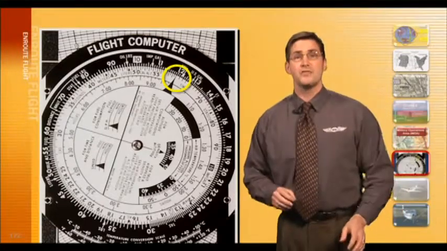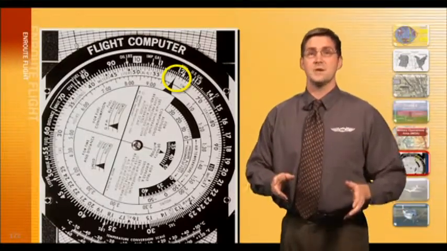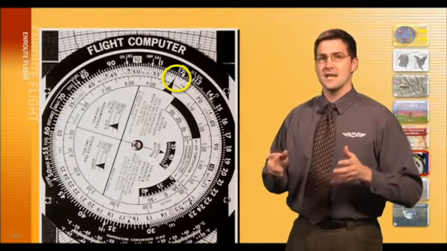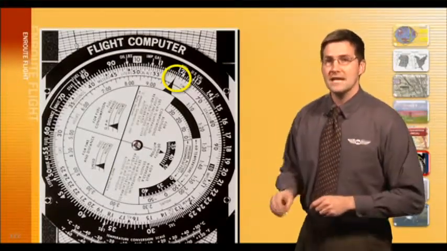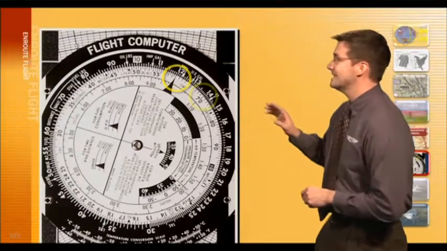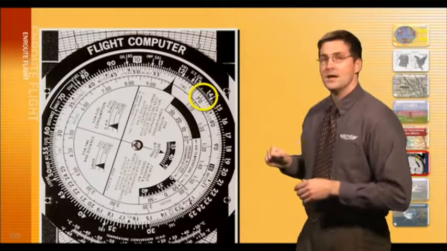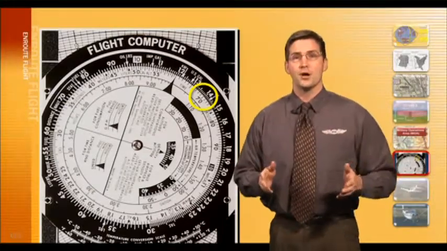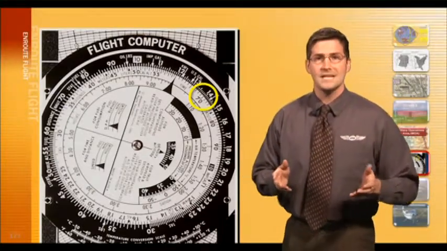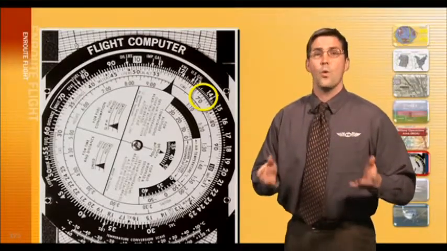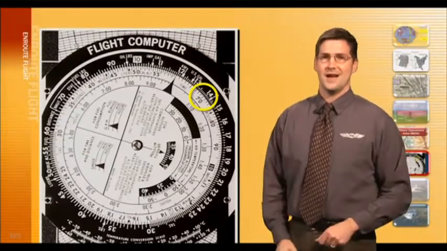Now suppose we fly for 1 hour and 10 minutes or 70 minutes. While holding the index on our speed, look along the inner scale to the point marked 70 or 1 hour and 10 minutes that you see right here. Directly above that mark, read 14 on the outer ring, and in this case, 14 equals 140 nautical miles.